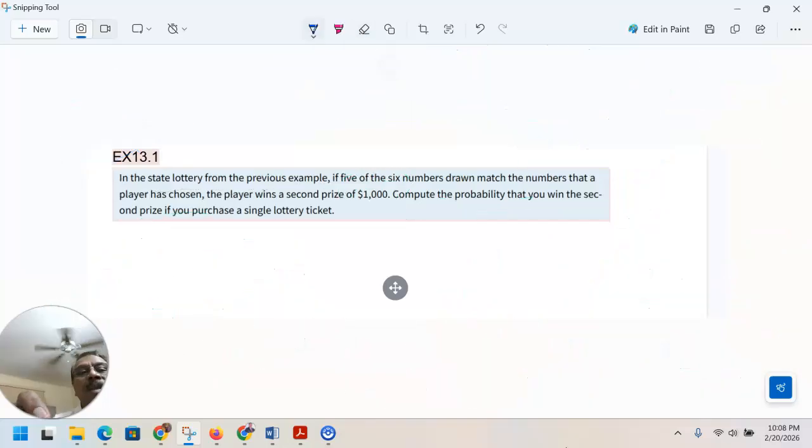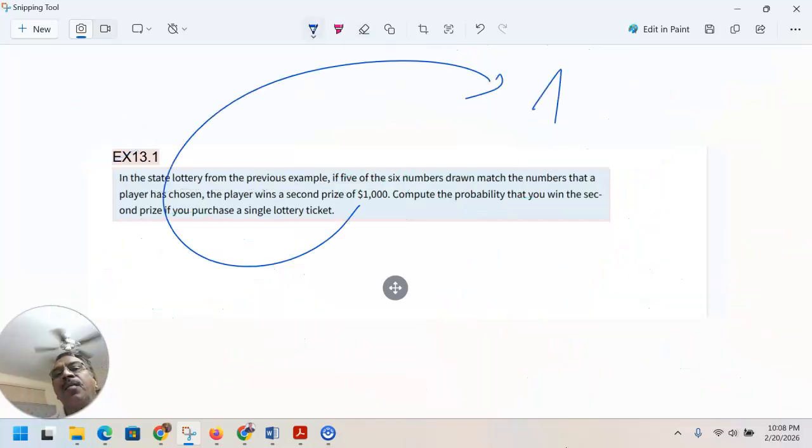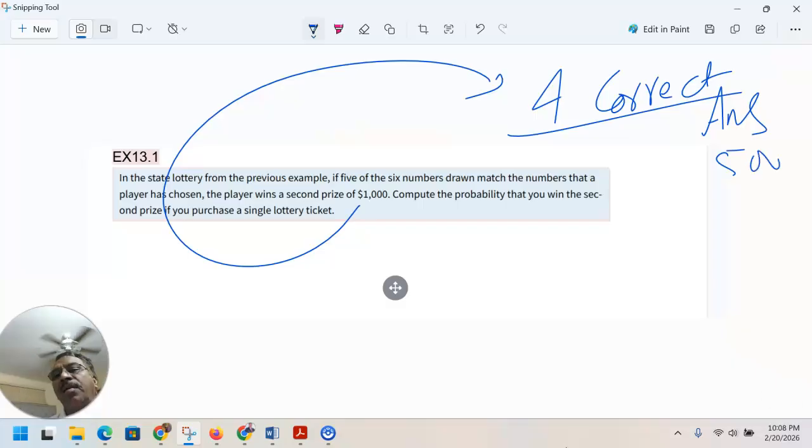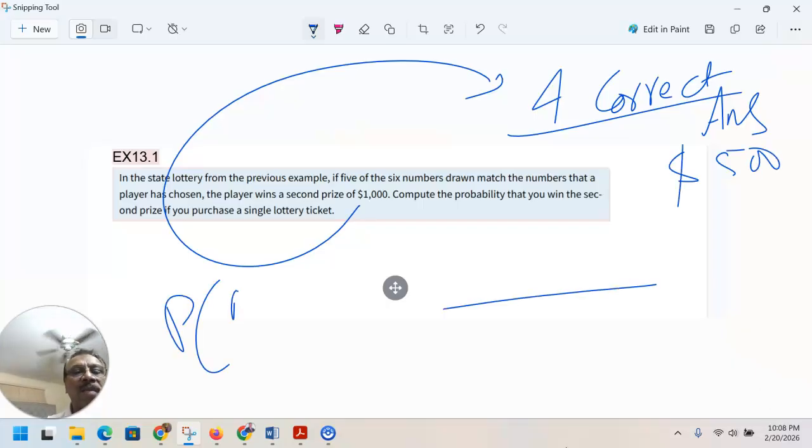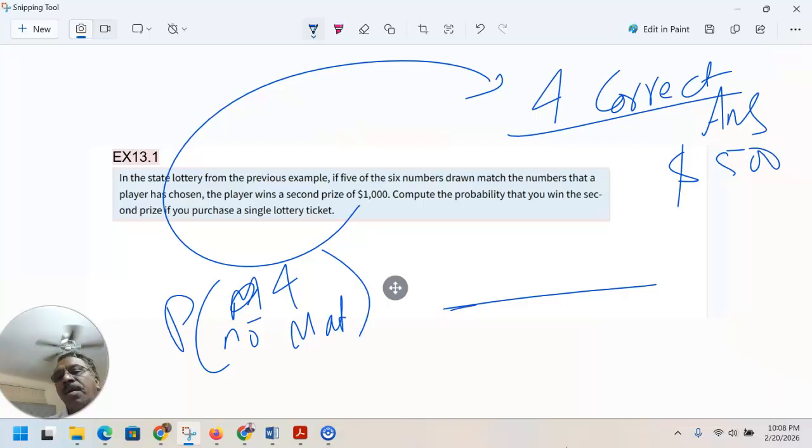And that means there was another prize for getting four correct answers, right? So if you have four correct, you get $500. So if there was a question, then how do you do probability, four numbers match? It means the bottom piece will always be all 48 numbers and six you have chosen different ways.